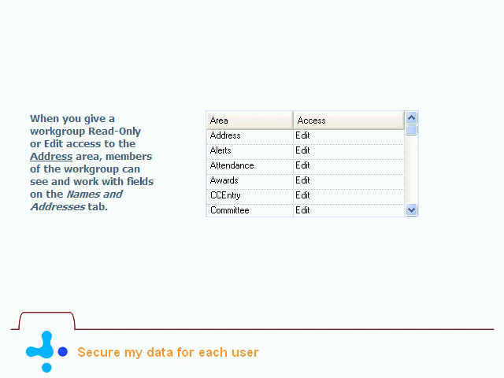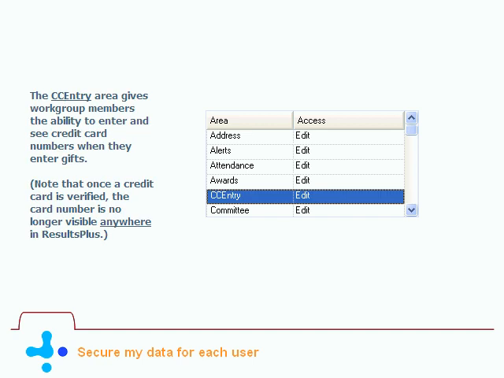When you give a work group read-only or edit access to the Address area, members of the work group can see and work with fields on the Names and Addresses tab. The CC Entry area gives workgroup members the ability to enter and see credit card numbers when they enter gifts. Note that once a credit card is verified, the card number is no longer visible anywhere in ResultsPlus.